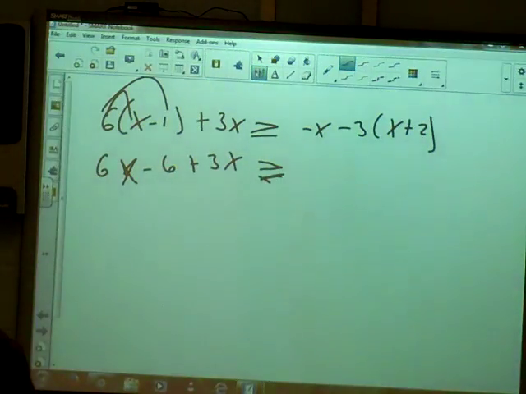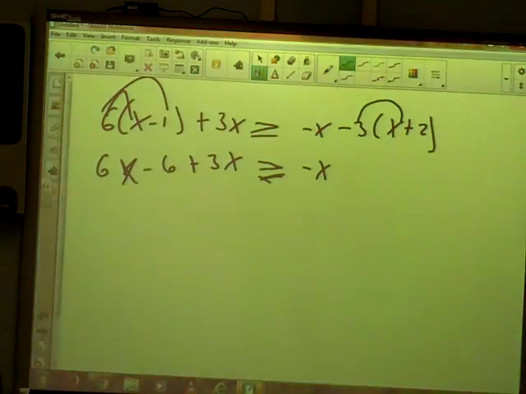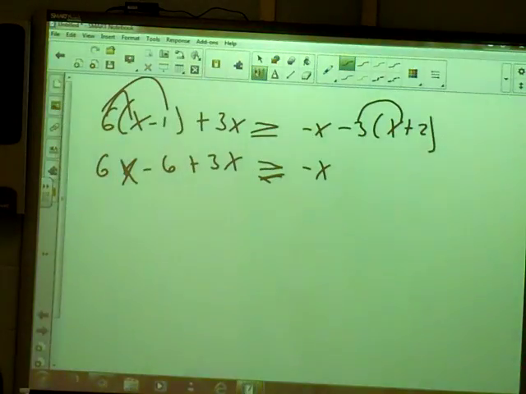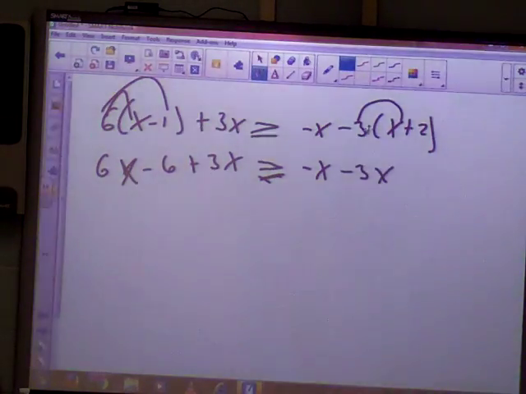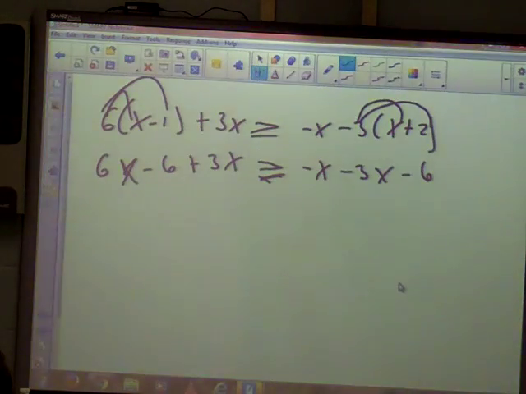Greater than or equal to negative x. Now, I'm going to distribute this -3, and whatever the sign is, that'll be my plus or minus sign. So -3 times x is -3x, and -3 times 2 is -6. Okay, so now we've got cleaning up to do on both sides.